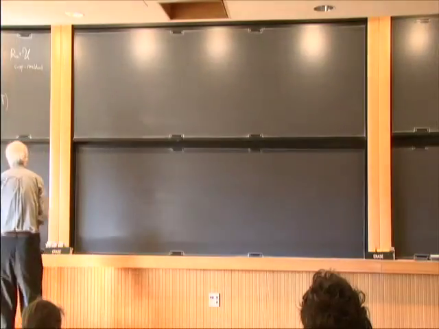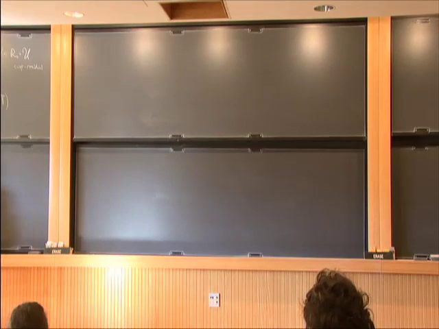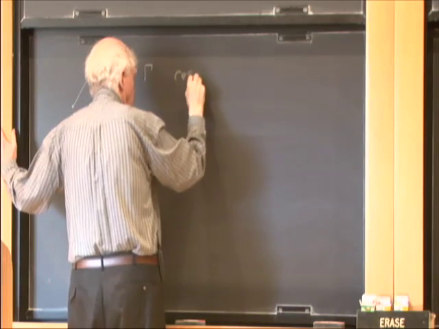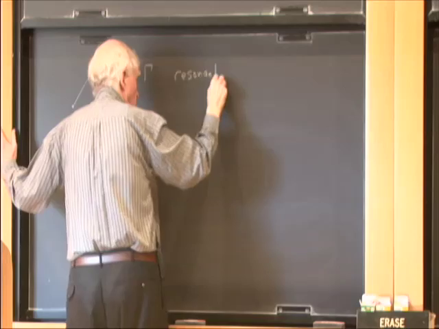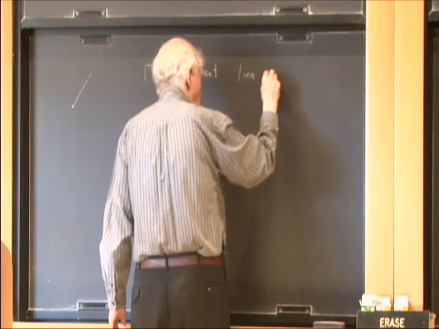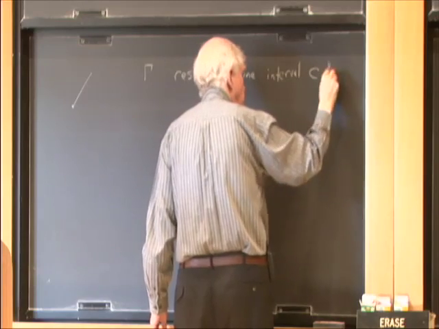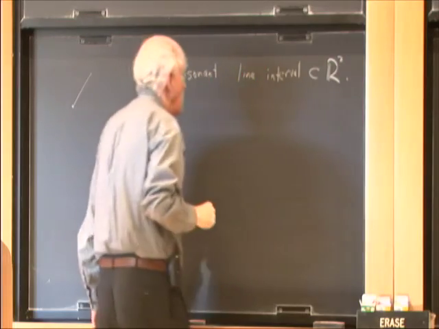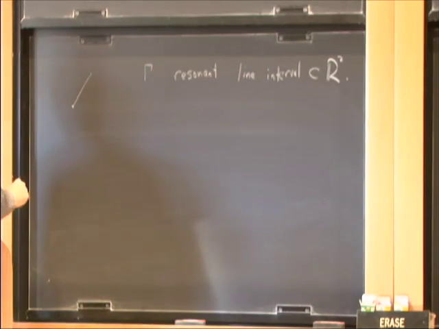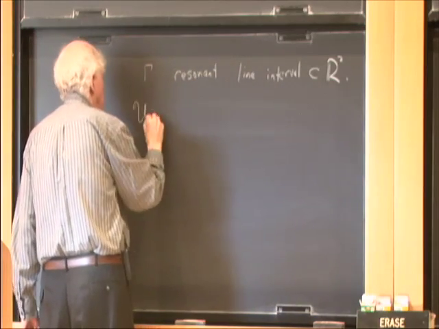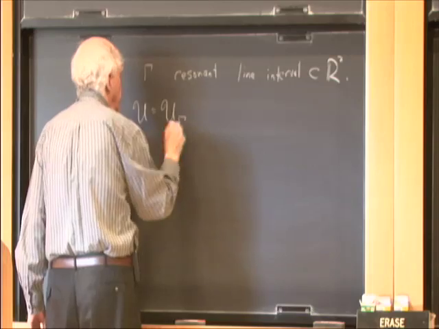Well, actually, I have a gamma. So gamma is a resonant line interval contained in R2. And then U is associated to gamma.